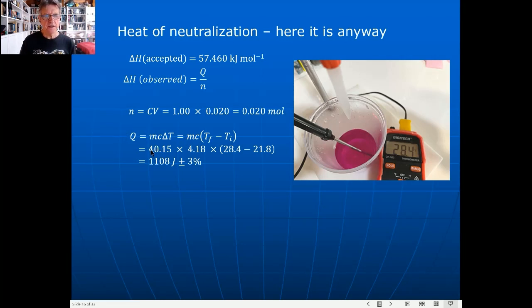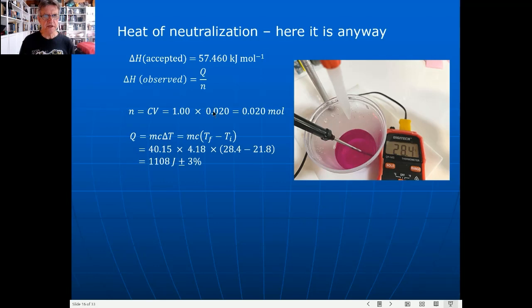So the mass at the end point was 20 mils of HCl and 20.15 of sodium hydroxide times the specific heat capacity of the liquid. Now we treat it as water, it's fairly dilute, and that's in joules per gram per degree C, and this is the temperature change, final minus initial, and we're getting 1108 joules released.